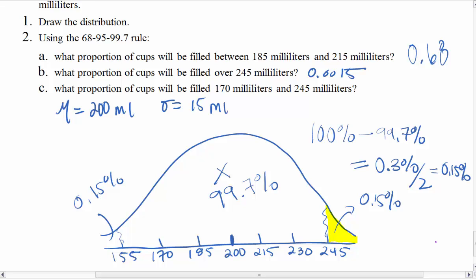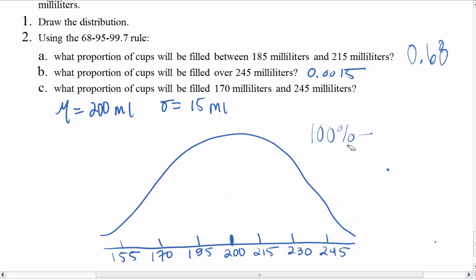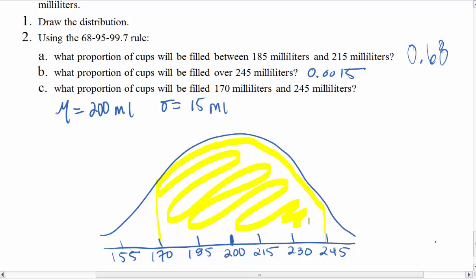All right, so for our last problem, we want to find then the area between 170 and 245 milliliters. So if we shade in that region, we have 170 up to 245. This is the region that we want to find.